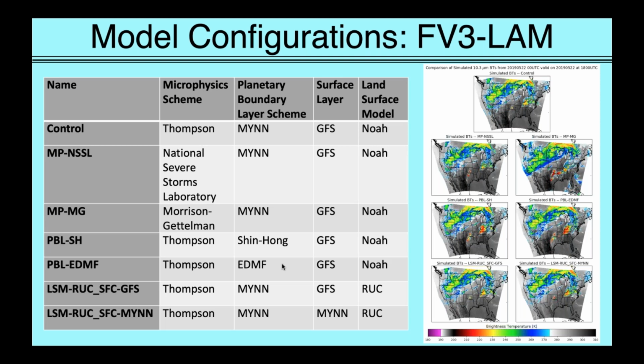Like our PBL-SH, it uses the same stuff as the control, except the planetary boundary layer scheme is now the Shin-Hong PBL. PBL-EDMF uses the EDMF, and I'm sorry, I don't remember what that stands for right now. I'm guessing it was way too long to put in my little box. But that is the one thing that is different.